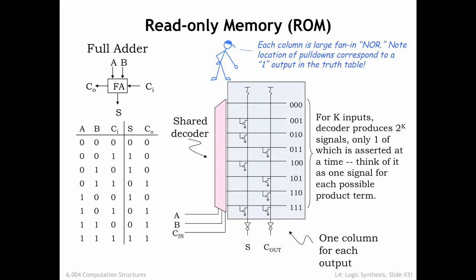The 8 outputs of the decoder run horizontally in the schematic diagram, and each is labeled with the input values for which that output will be high. So when the inputs are 0, 0, 0, the top decoder output will be high and all the other decoder outputs low. When the inputs are 0, 0, 1, in other words, when A and B are 0 and Ci is 1, the second decoder output will be high, and so on.